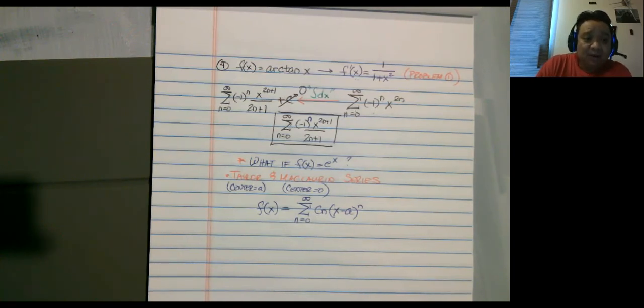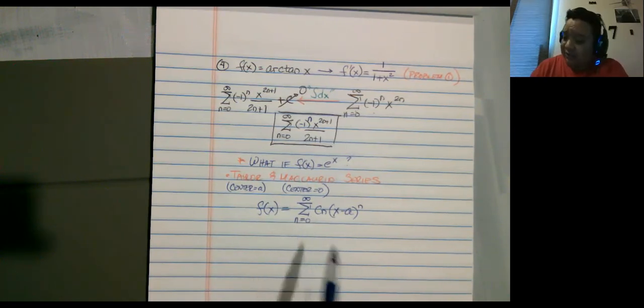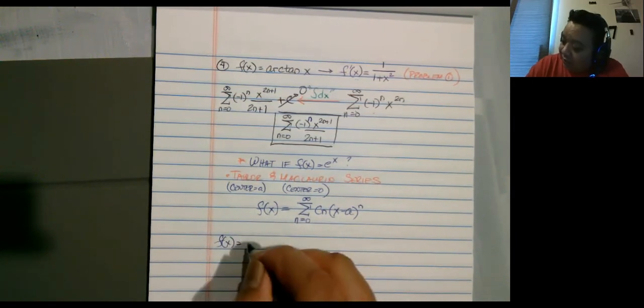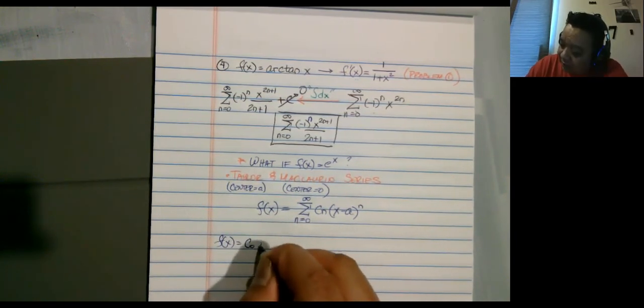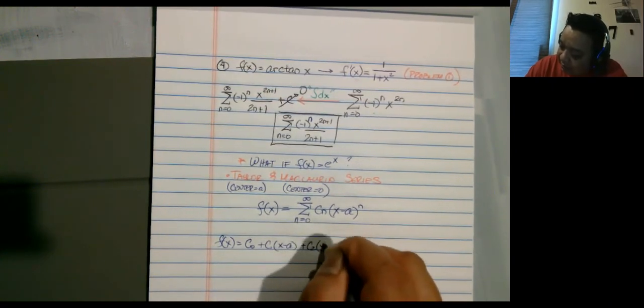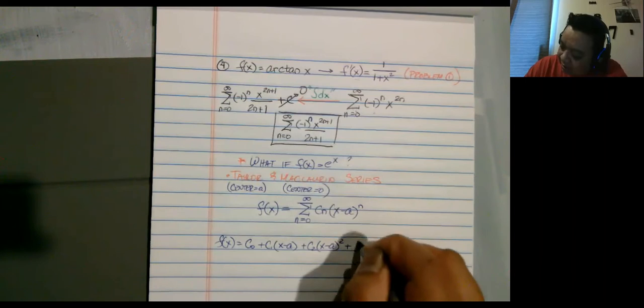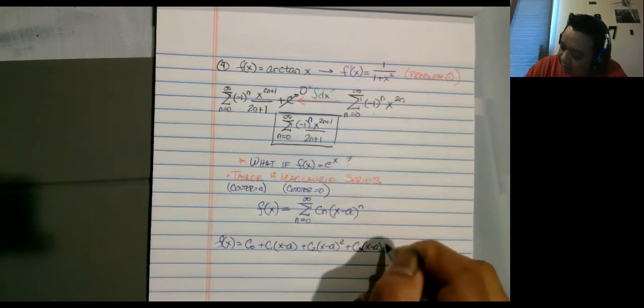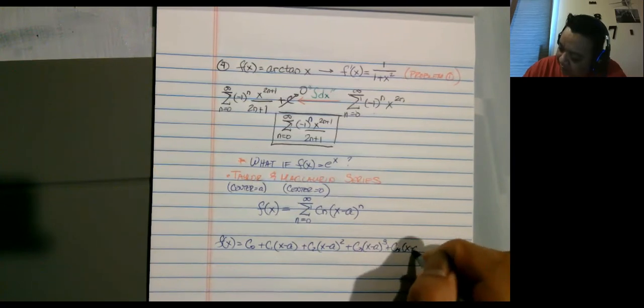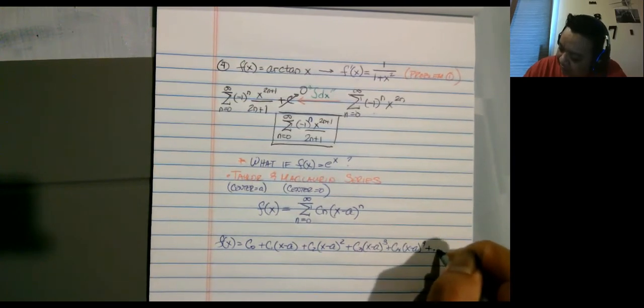Now let's write out the first few terms: f of x equals c sub 0 plus c1 (x minus a) plus c2 (x minus a) squared plus c3 (x minus a) cubed plus c4 (x minus a) to the fourth plus dot dot dot.